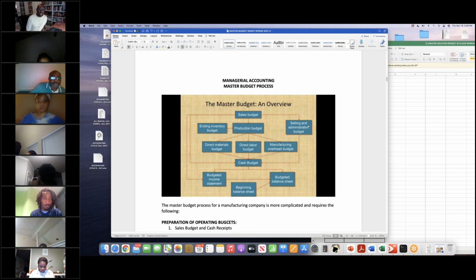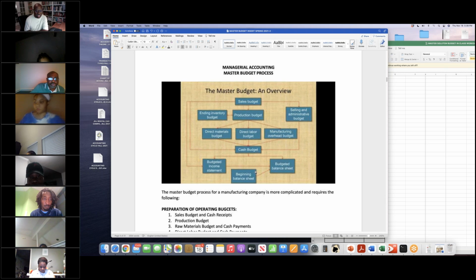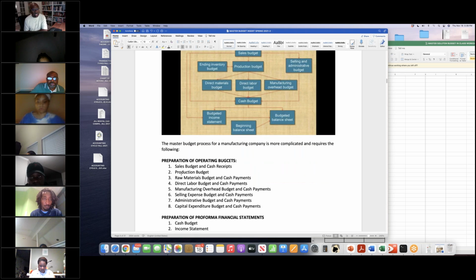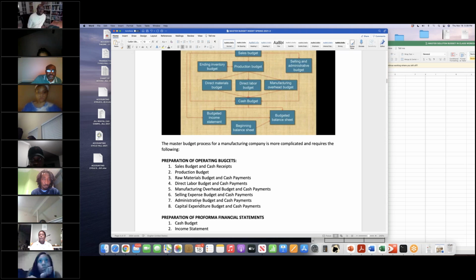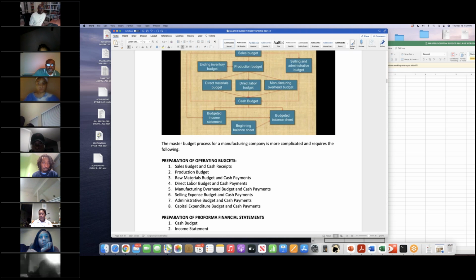Then the selling and administrative expense budgets. And then as everybody's working and feeding in, we get a cash budget and integrated financial statements. And so there are 8 budgets here, including capital expenditures.